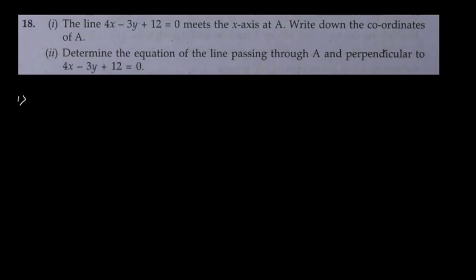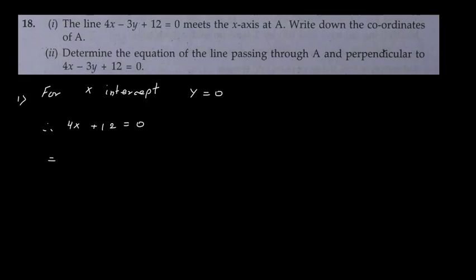Okay, so what we do for x-intercept? For x-intercept, I will put y equal to 0. So therefore, I have 4x, I will put y equal to 0. So 4x plus 12, I will get 0.